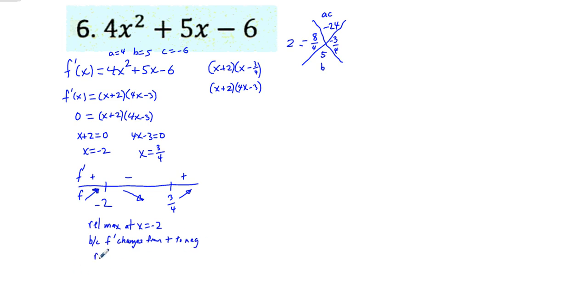Okay, we have a relative minimum at x equals 3/4 because f prime changes from negative to positive.